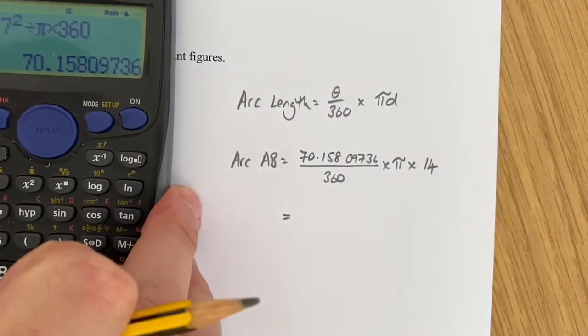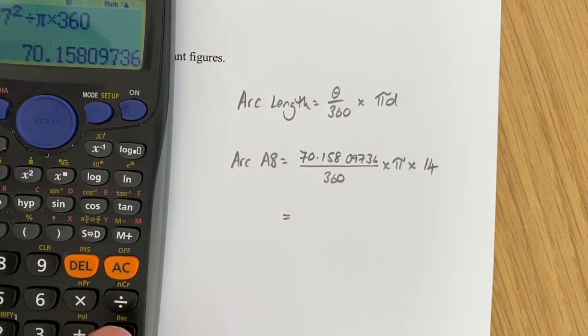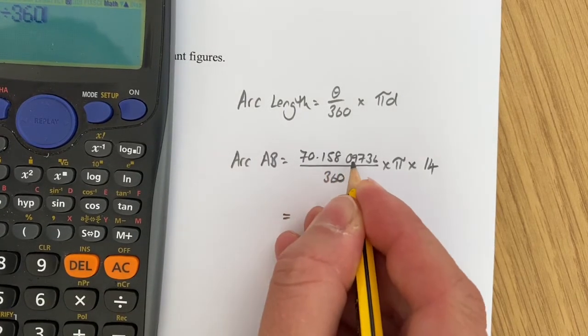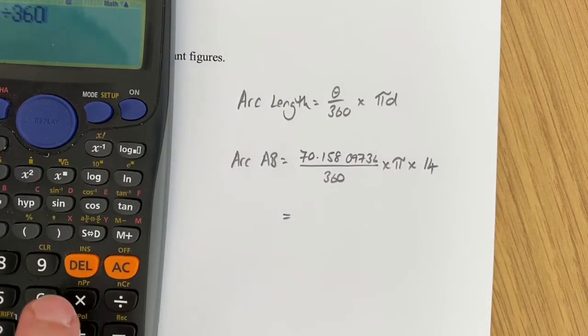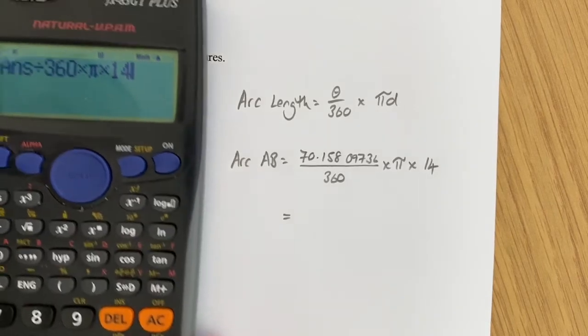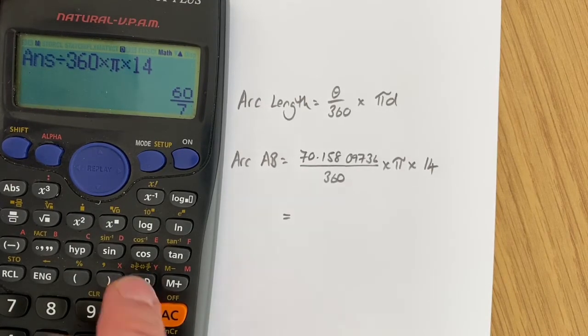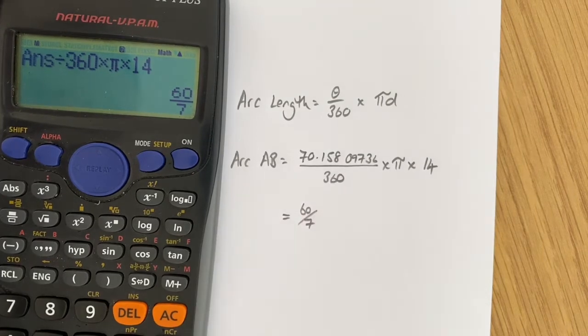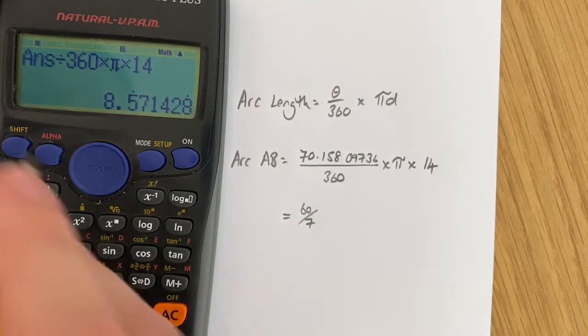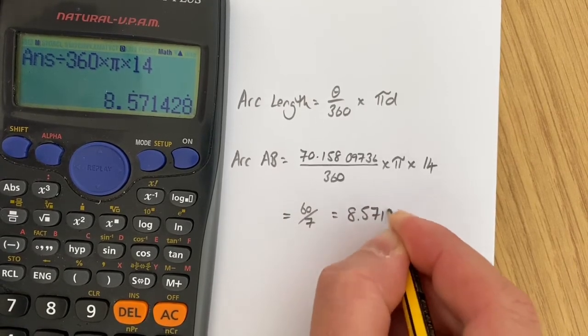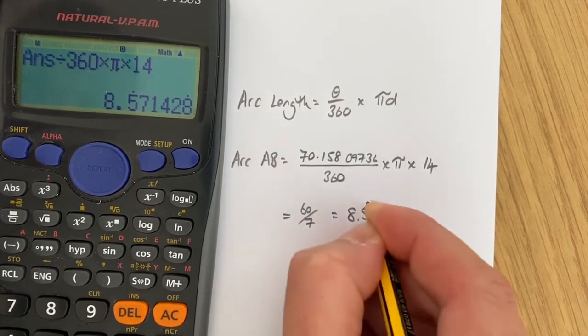So arc AB. I get the calculator, it's still in there. I'm just going to press divided by 360. So it's 70.158097336 divided by 360, multiplied by pi, multiplied by 14. Press equals to come up with a fraction. In fact, I'm going to write my 60 sevenths down, press the SD button, and that gives me the decimal 8.571428.